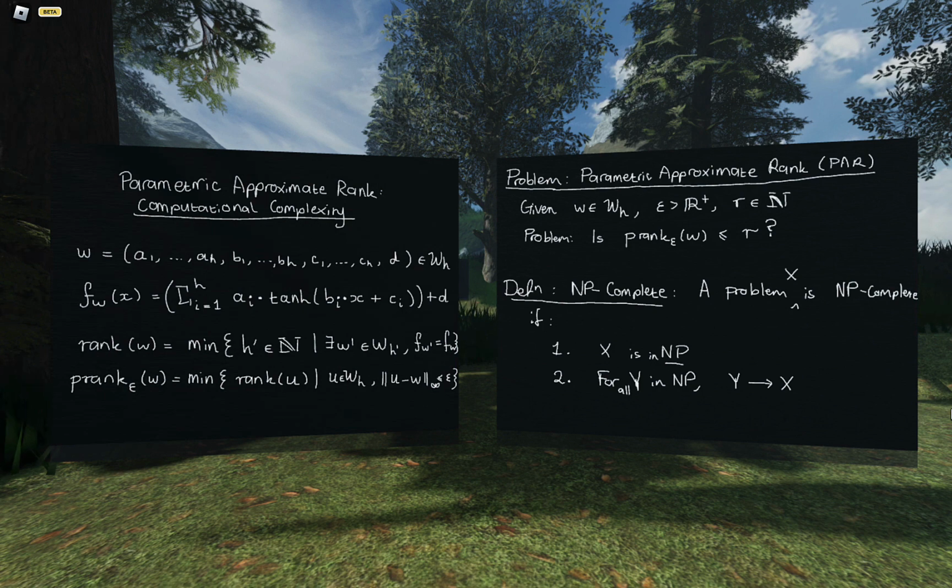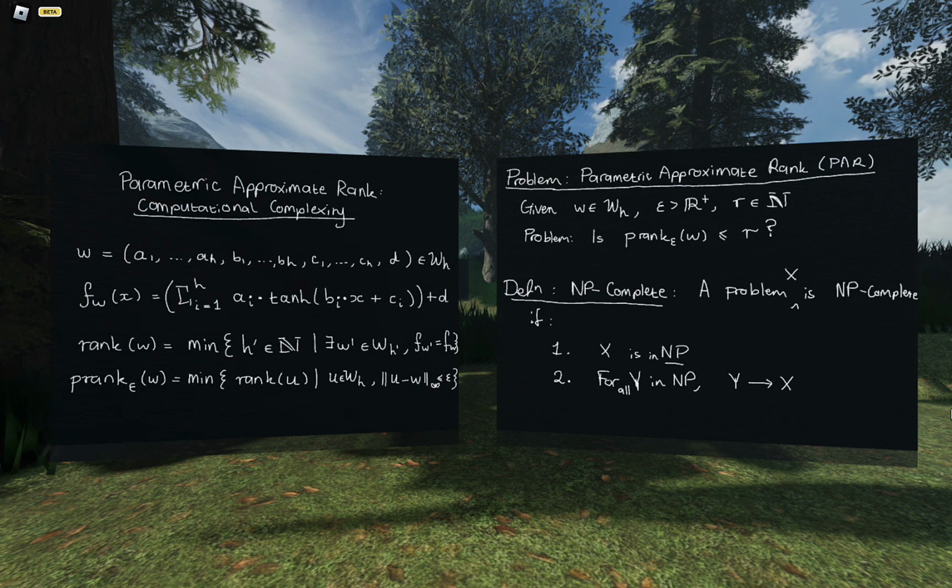So NP, non-deterministic polynomial. One way of defining this class is, sorry, not algorithms, this is all problems that can be solved if you had a non-deterministic Turing machine, or a non-deterministic model of computation that's more or less equivalent to a Turing machine in terms of its power and speed.